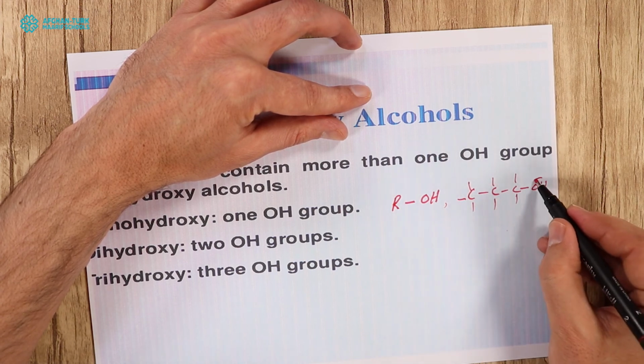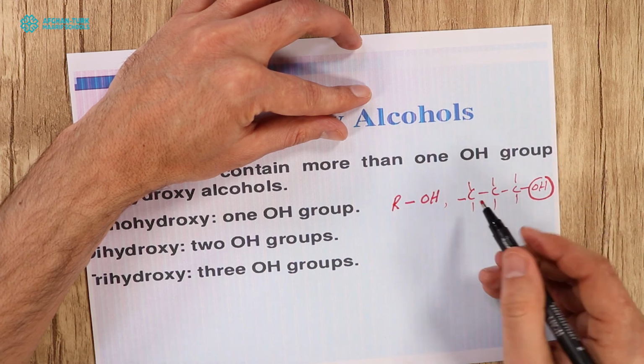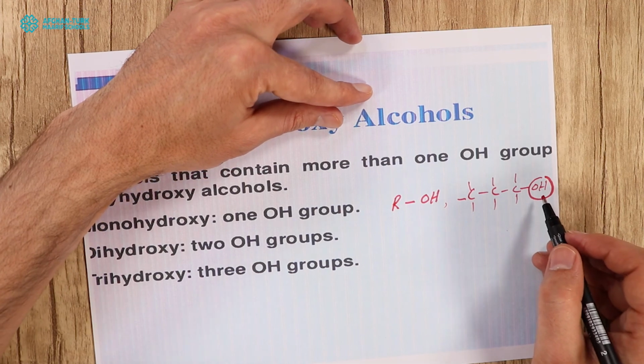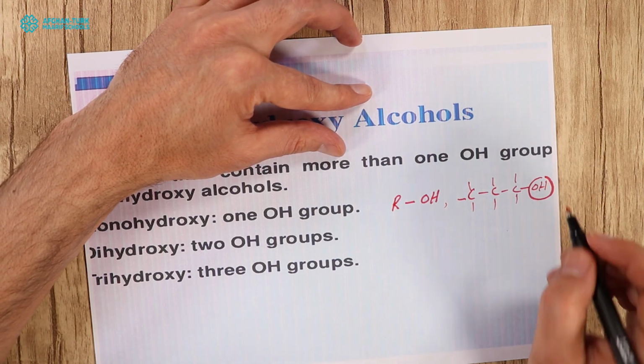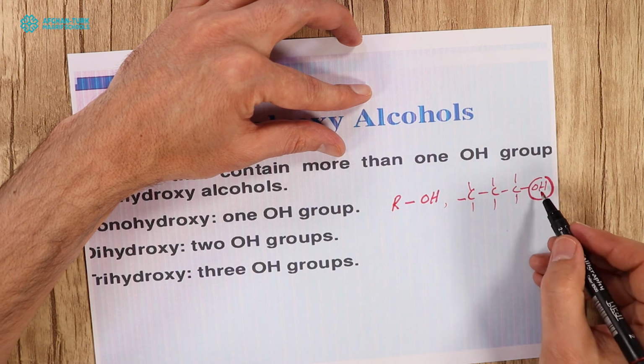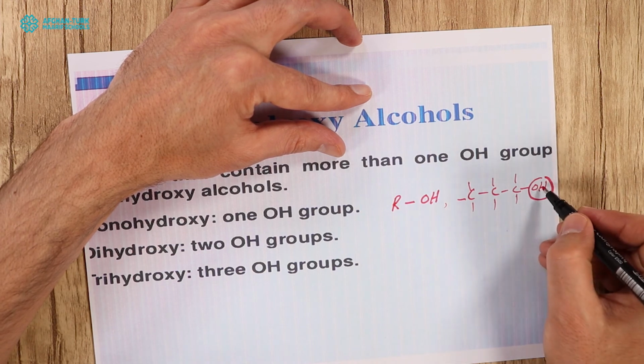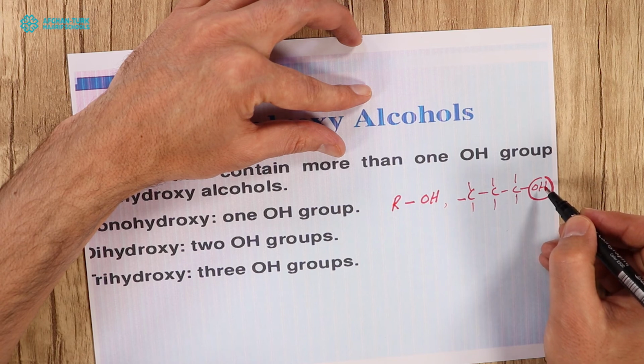So you can see only one OH group is there. Such type of alcohol is called monohydroxy alcohol. When you have only one hydroxy group there, this OH is called the hydroxy group. So when one OH is there, we call it monohydroxy alcohol.